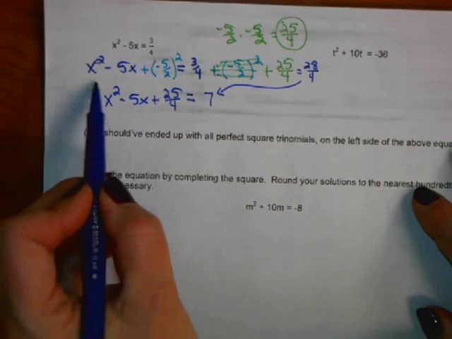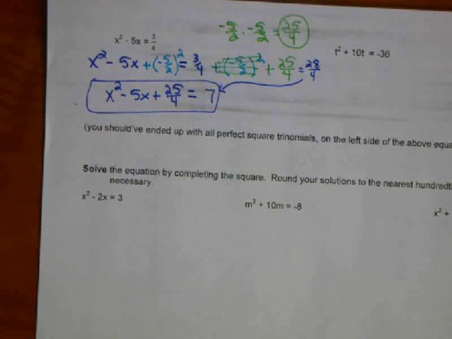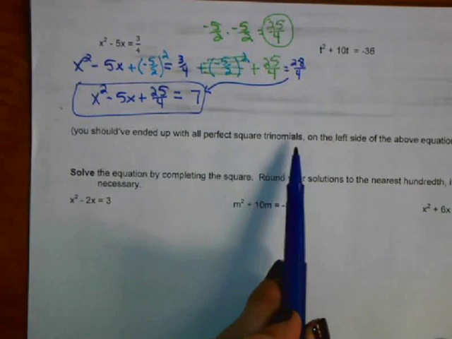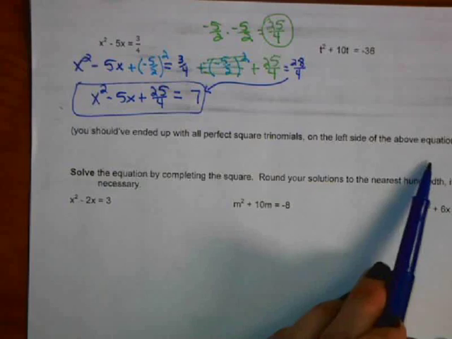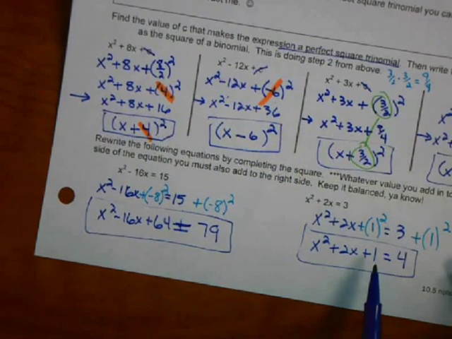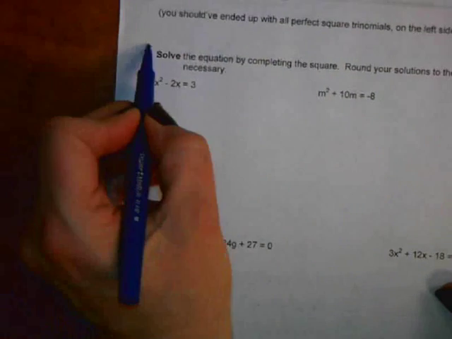And then I'm done with that. Okay? Now, we won't do that last one here, but you should have ended up with all perfect square trinomials on the left side of the above equations, and we did. This is a perfect square. That's a perfect square. 1 is a perfect square. Okay? All right, now we're going to do the grand finale. I'm going to show you how you're going to use this to solve.